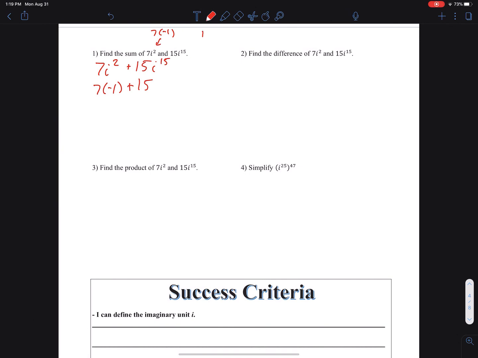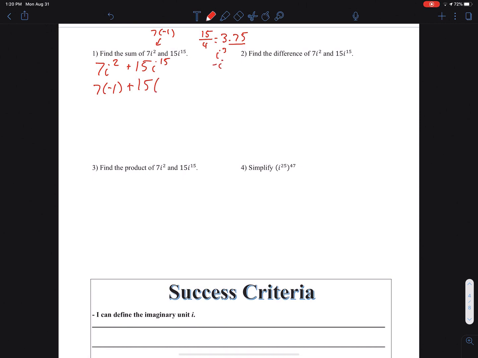Take that exponent of 15 and divide it by 4. You would get 3.75. Because you got 0.75, we have a remainder of 3. Think 3 quarters. So that's really i to the 3rd. So i to the 15th is simplified to i to the 3rd, which is -i.